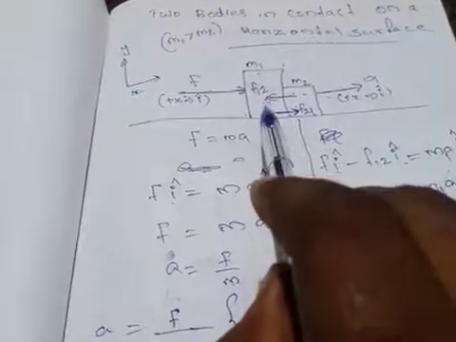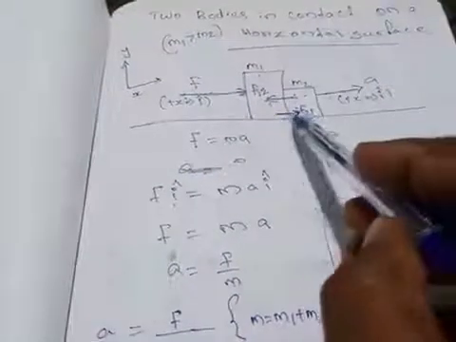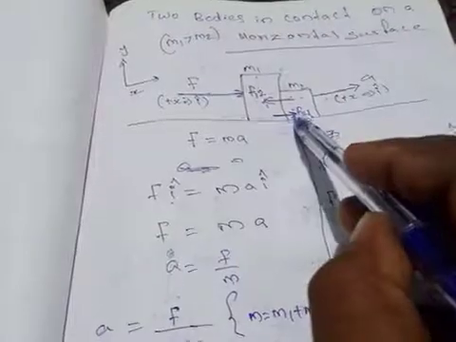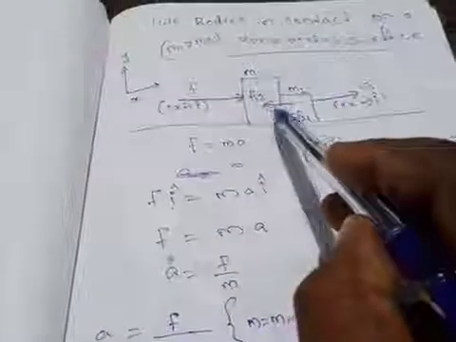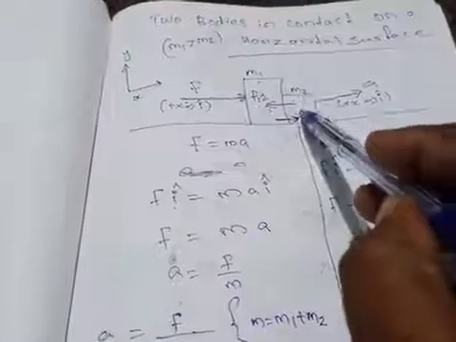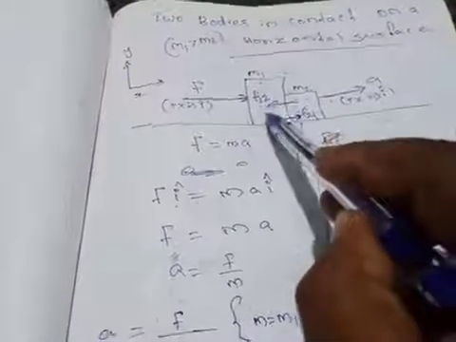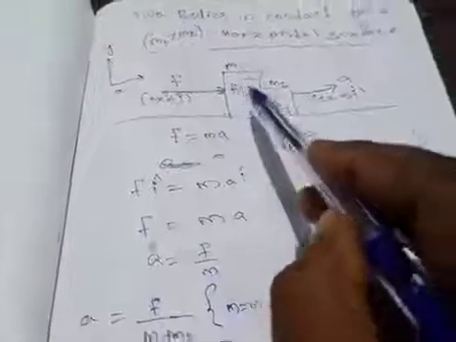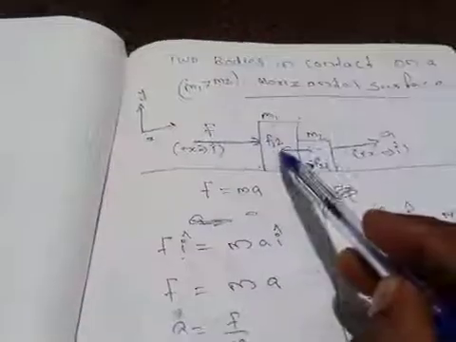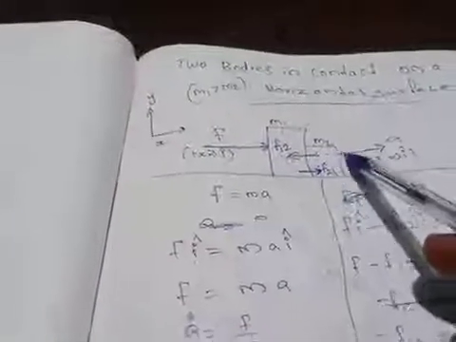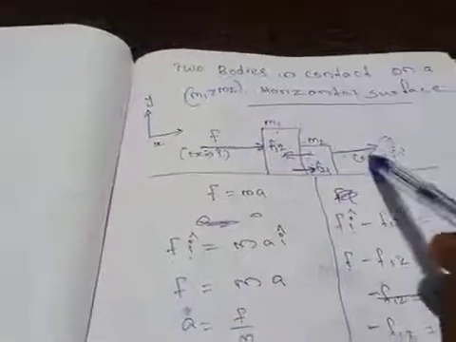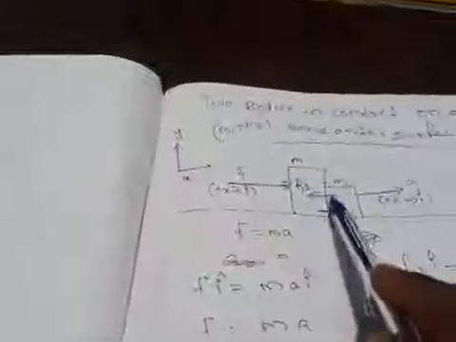Mass m1 will exert a force on mass m2 in this direction, as well as mass m2 exerting a force on mass m1 in this direction. Both will move in this direction only, but m1 and m2 exert a force on each other.